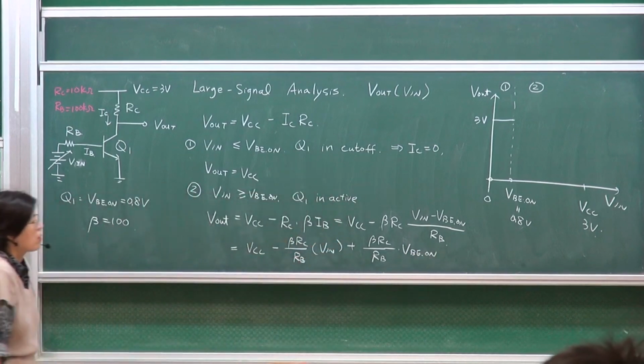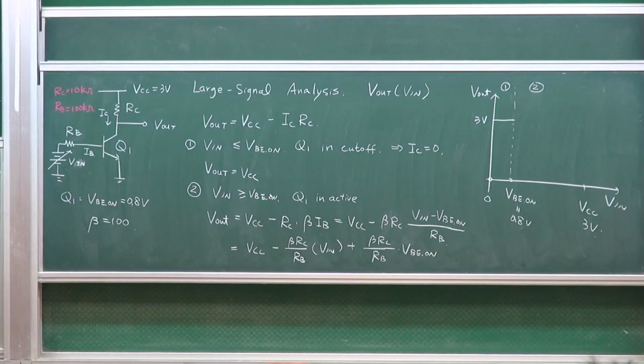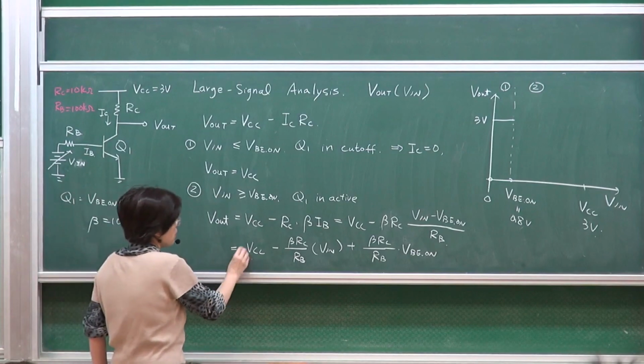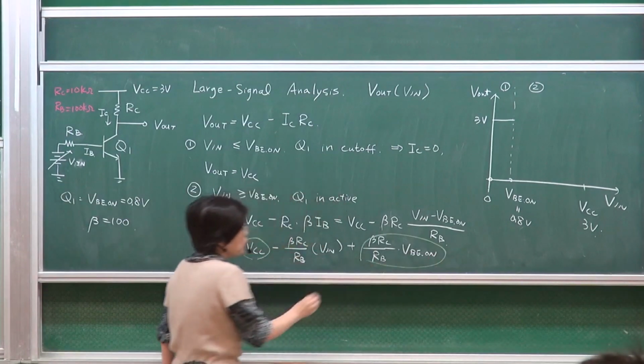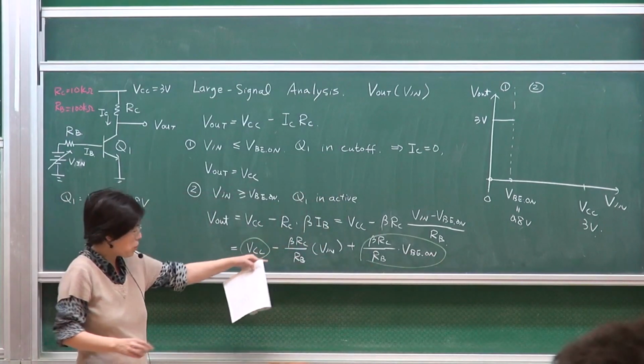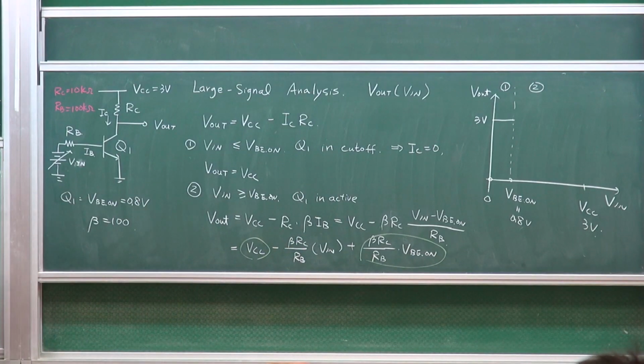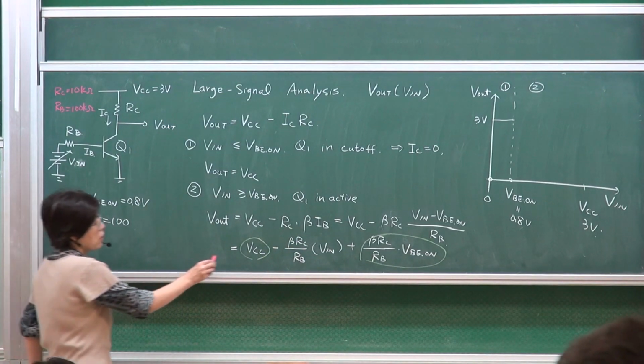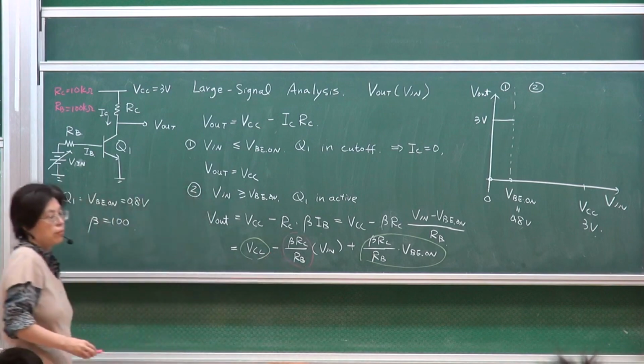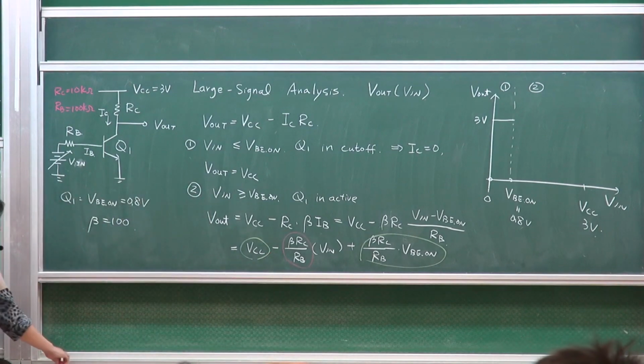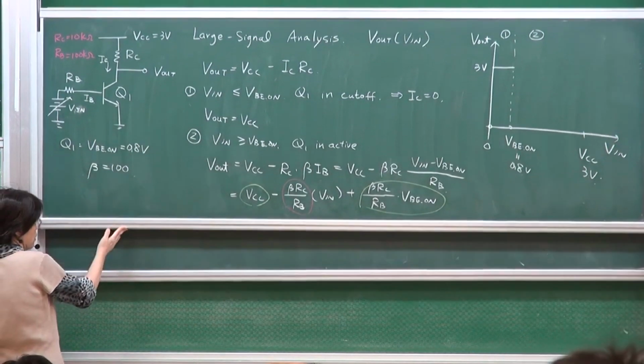So these are constants. This is constant, this is constant. You simply insert a number, and the slope will be determined by this, right? So you can simply write down your equation.